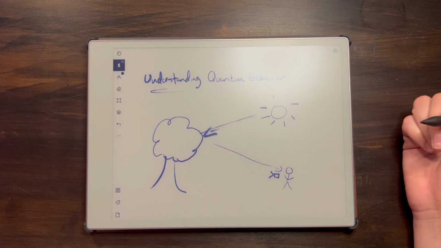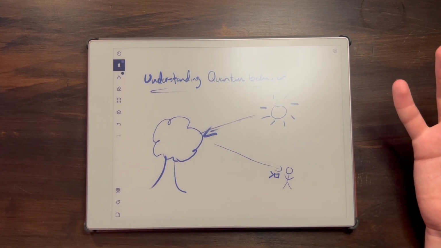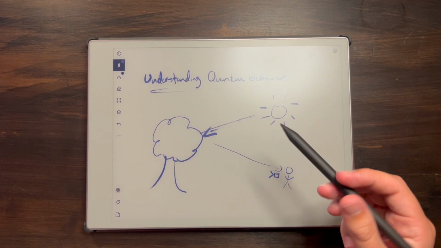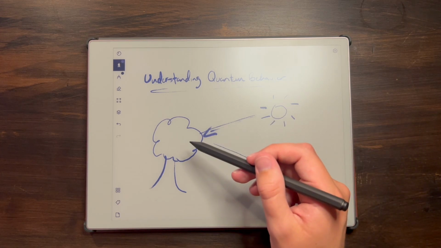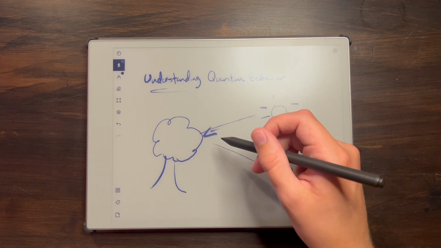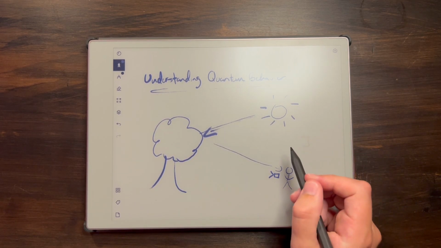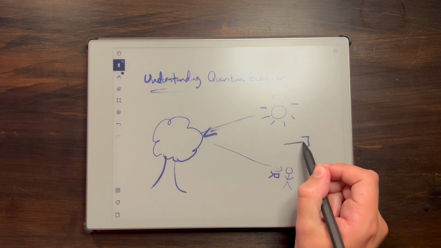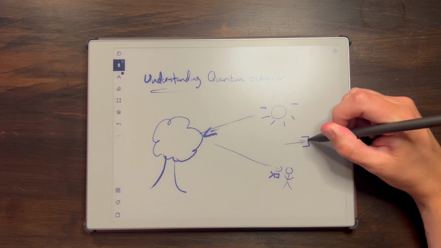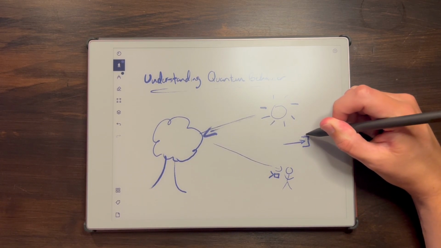So the way that cameras work is something called the photoelectric effect, where a photon acts as a particle. Whenever a photon enters a pixel well, let's assume that's a single pixel, it'll knock off an electron.